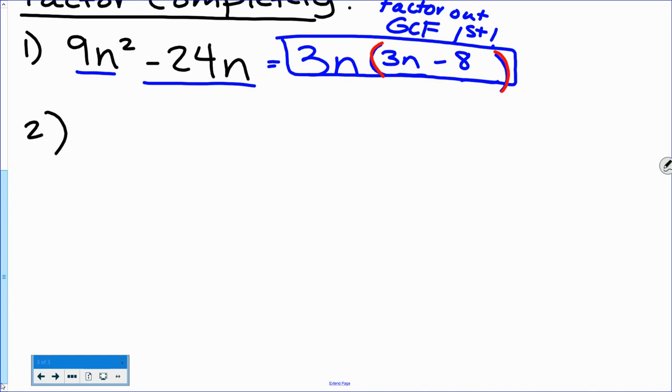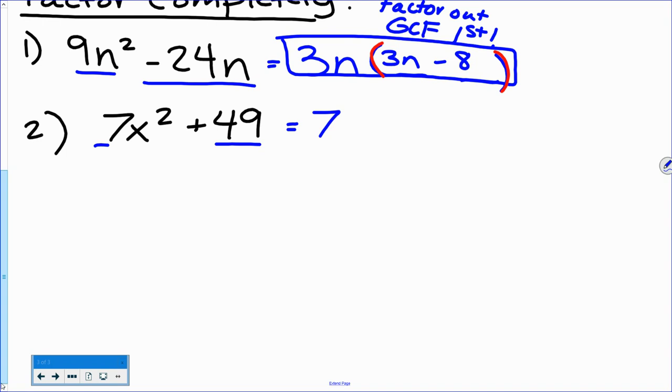All right, so I've got 7x squared plus 49. So we're first looking for a greatest common factor, so as a number and or a variable. So if I look at 7 and 49, I want the largest number that divides into both. So that would be 7.